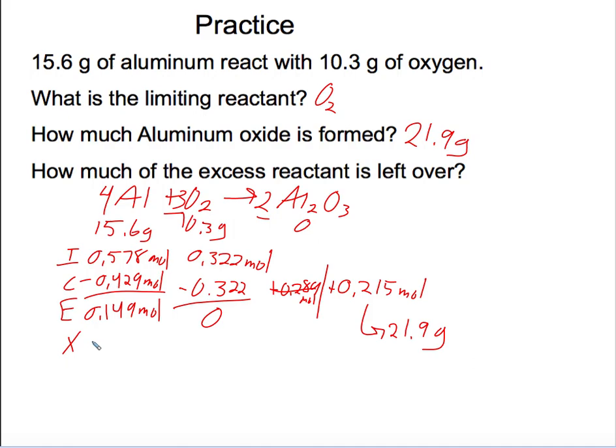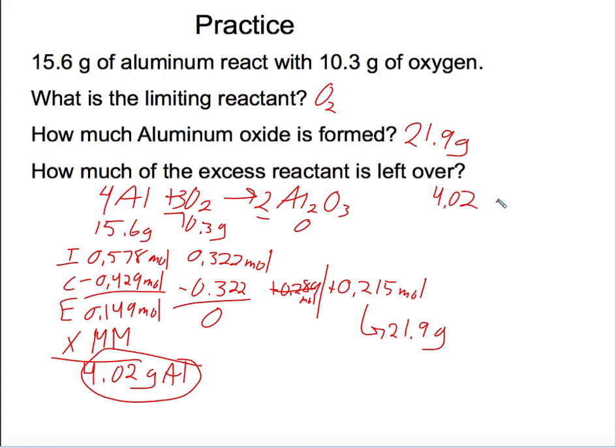And you should end up with 4.02 grams of Al left over at the end. So excess left over, we have 4.02 grams. Okay?